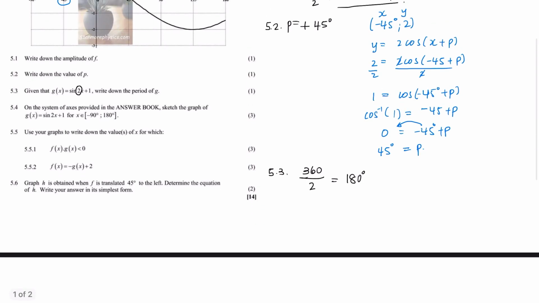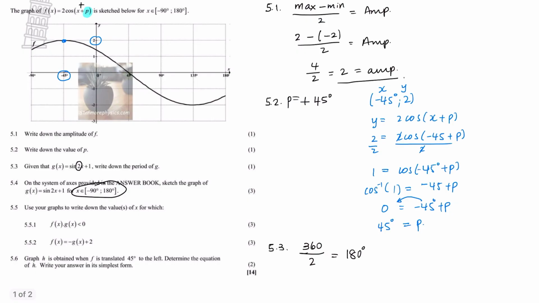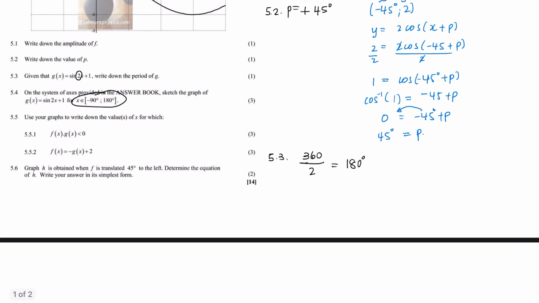Since we've been given the domain, minus 90 to 180, and on this axis we can see that the intervals are increasing in 45s. Let's do that. So I'm going to start with my coordinates.